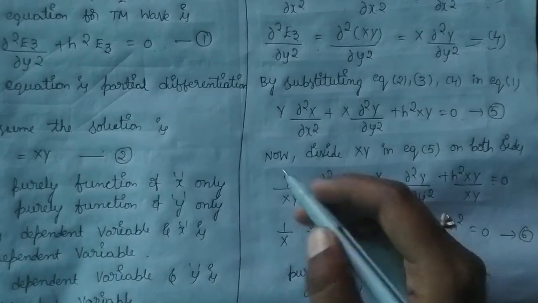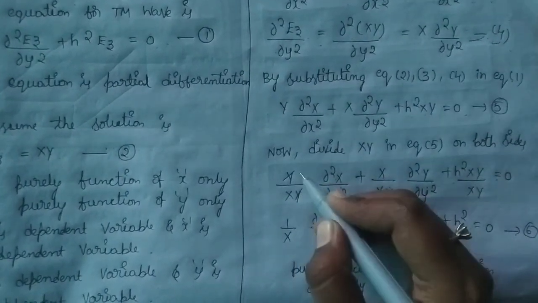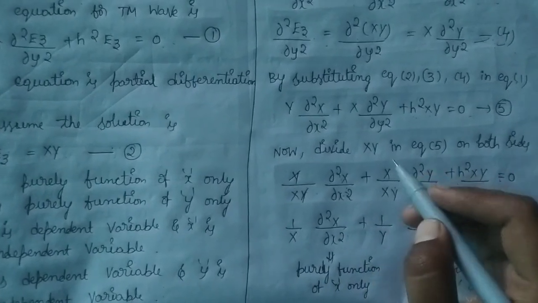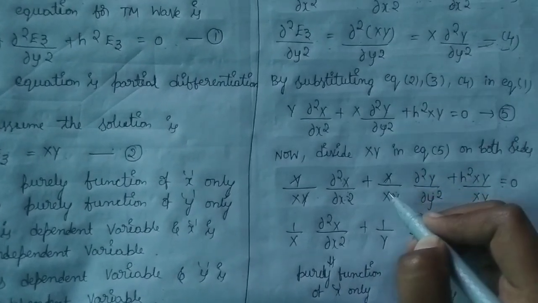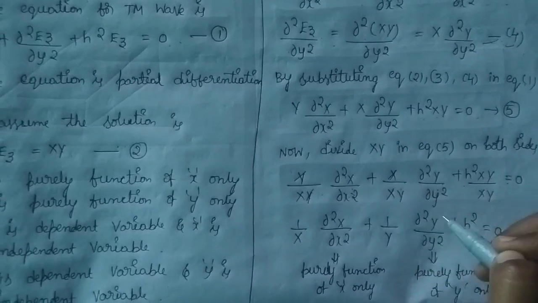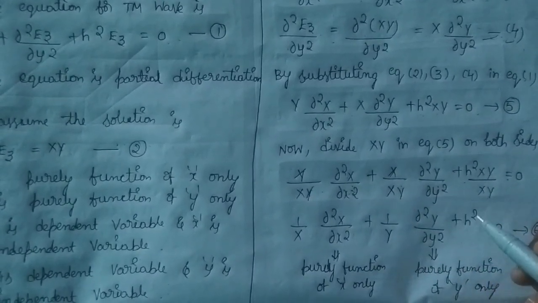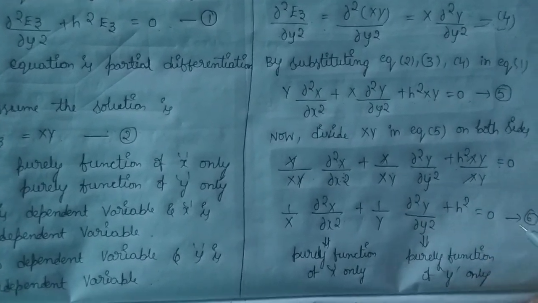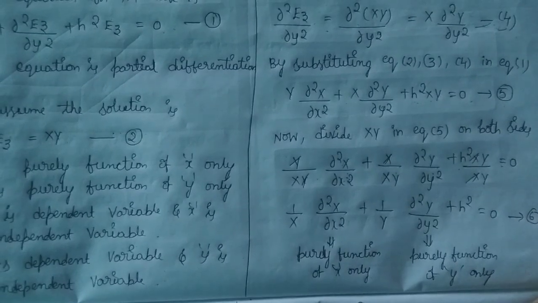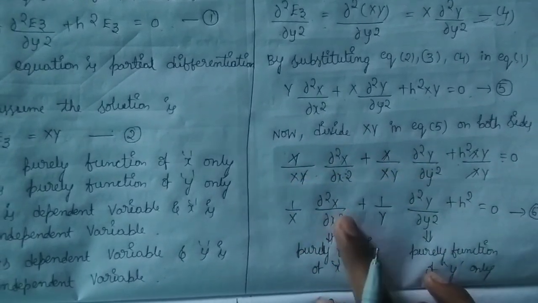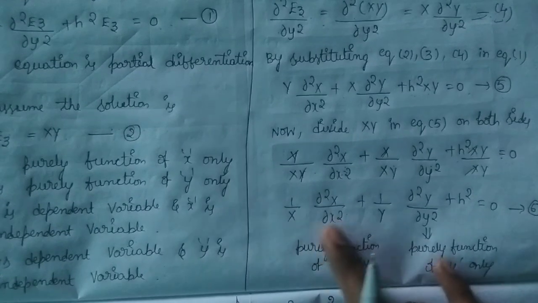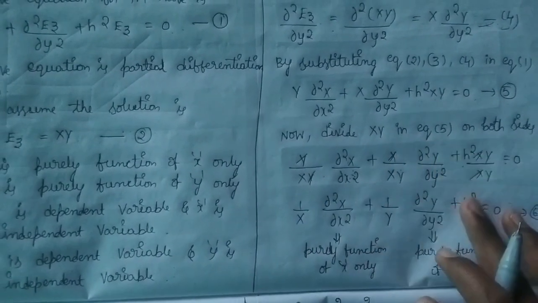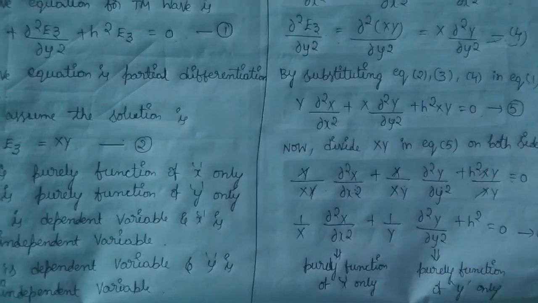Then Y is cancelled, so we get 1 by X dou square X by dou x square plus 1 by Y dou square Y by dou y square plus h square is equal to 0. Consider this equation as sixth equation. Now here one term is purely a function of x only and the other is purely a function of y only.